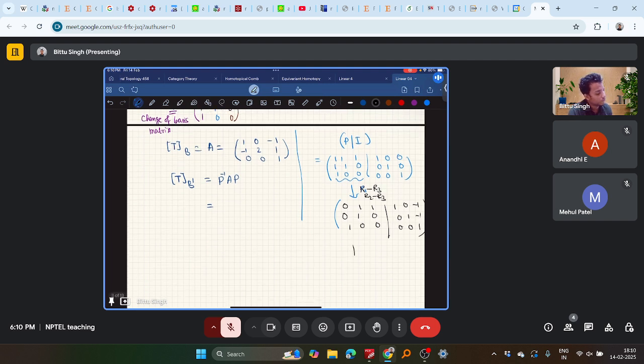Now the next step will be R1 minus R2, right? So R1 minus R2 will create 0 0 1, 1 minus 1, and those are cancelled, so it is 0. Then everything is unchanged.